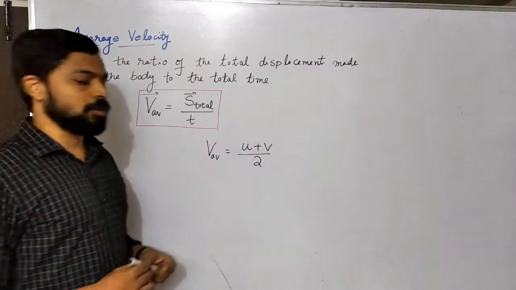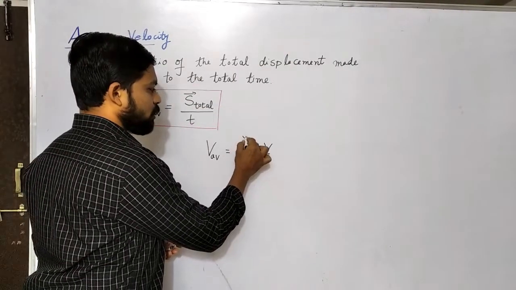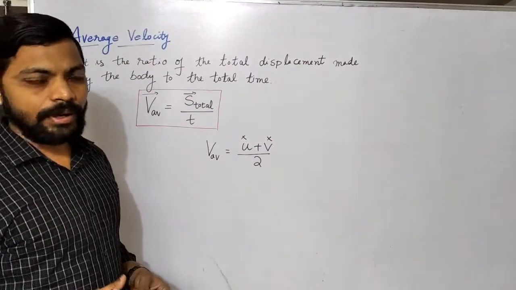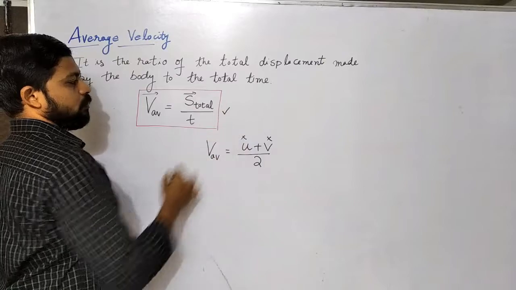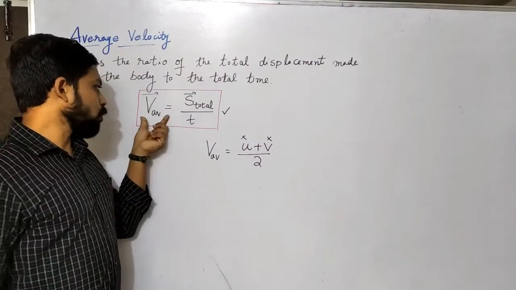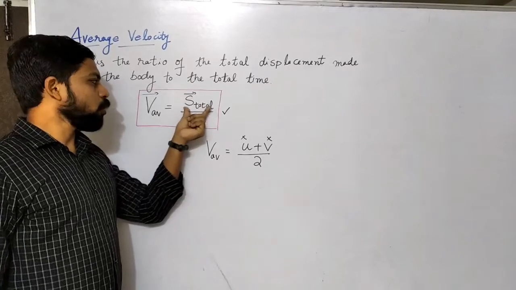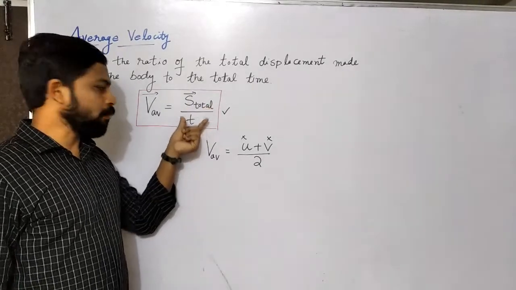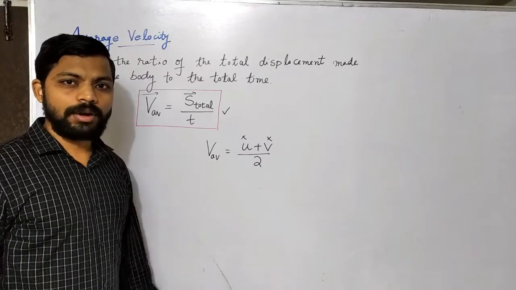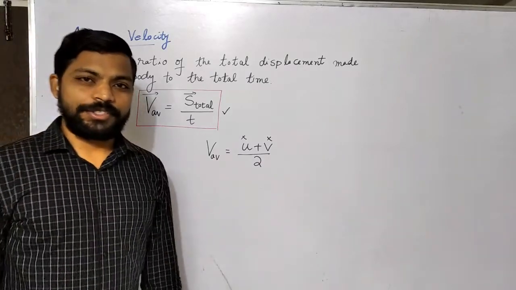But let us say in the question they did not mention these two things, and they talked about displacement, then this becomes the formula. If we know the total displacement made by the body, then average velocity is total displacement by total time taken. This is the second formula for calculating average velocity.